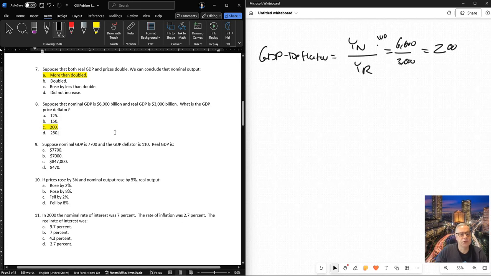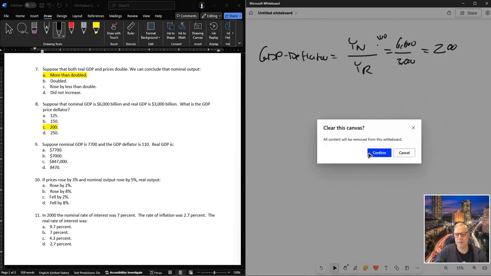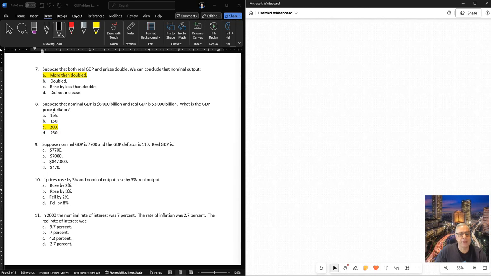Okay, 9. Suppose that nominal GDP is 7,700 and the GDP deflator is 110. Okay, so we know that the GDP deflator is defined as the nominal GDP over real GDP, and then we like to do times 100.